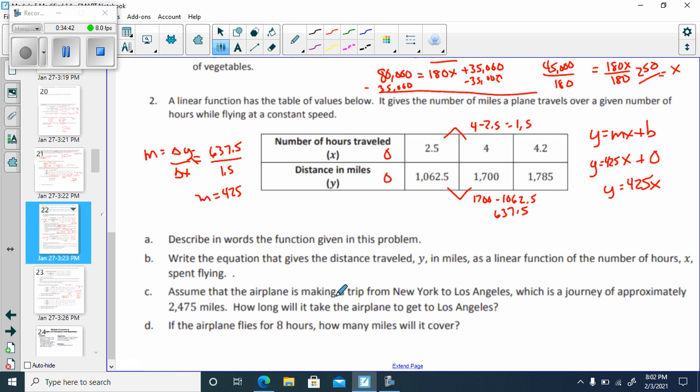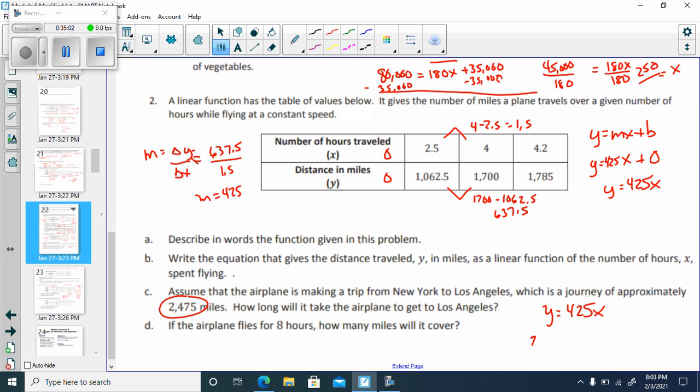Assuming that the airplane is making a trip from New York to Los Angeles, which is a journey of about 2,475 miles, how long will it take the plane? Okay. y is equal to 425 times x, number of hours.